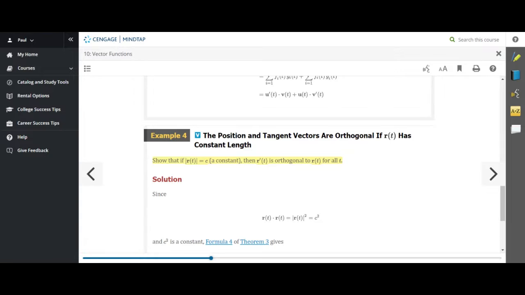Let me show you an example of this. What would an example of this be?